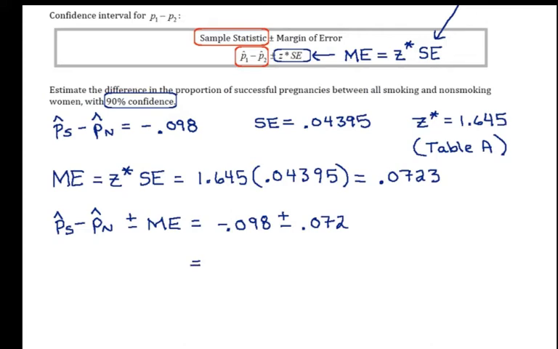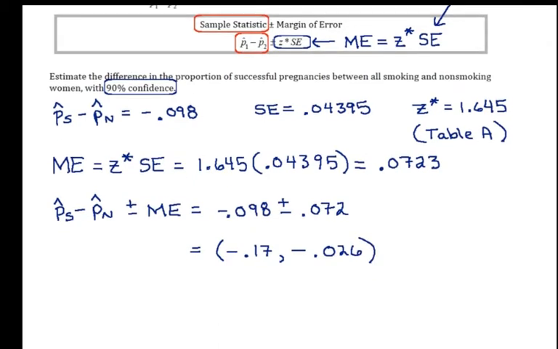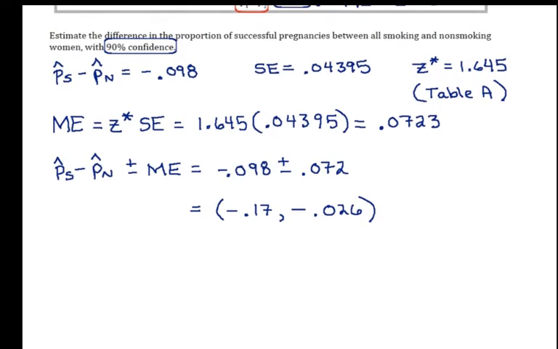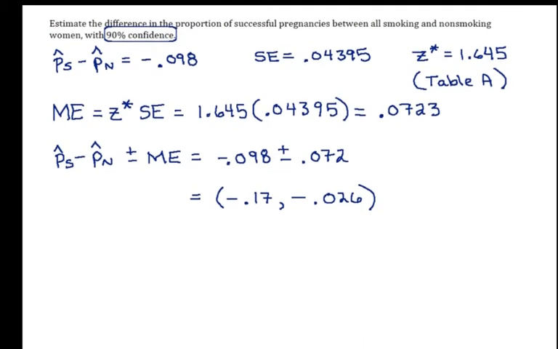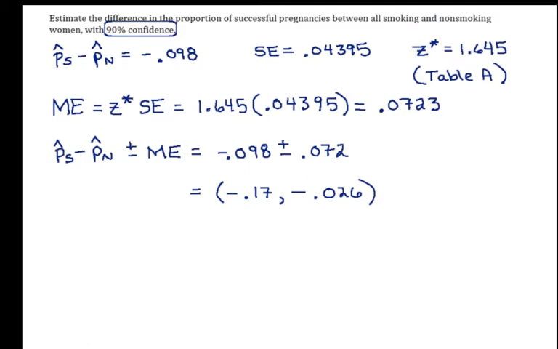And that subtracting to get our lower bound gets me negative 0.17. And then adding to get our upper bound gets me negative 0.026. So this is our estimate for the difference of proportion. When we go to interpret this confidence interval, we want to think about which proportion is larger, since we subtracted as Ps hat minus Pn hat, and we got an interval that's all negative.